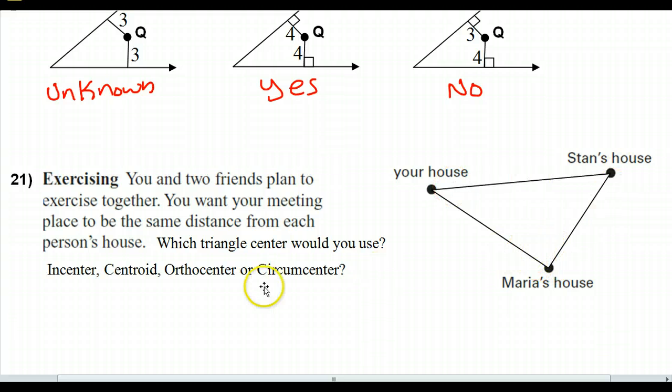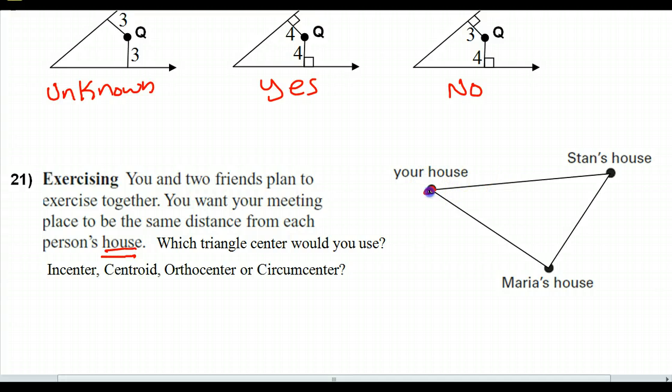And one of these triangle centers has the special property that it is equidistant from the sides. But if you want your meeting place to be the same distance from each person's house, are we talking about equidistant from the vertices, or are we talking about equidistant from the sides?